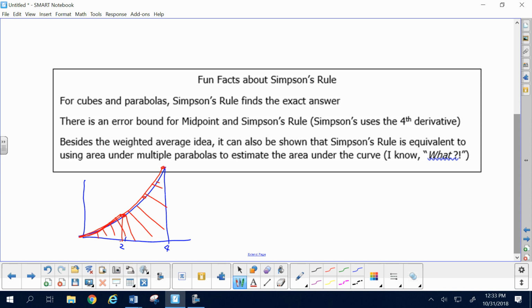That's actually what Simpson's rule does. It estimates the area of the curve using parabolas. Now, it's proving it from a totally different angle. It is amazing.